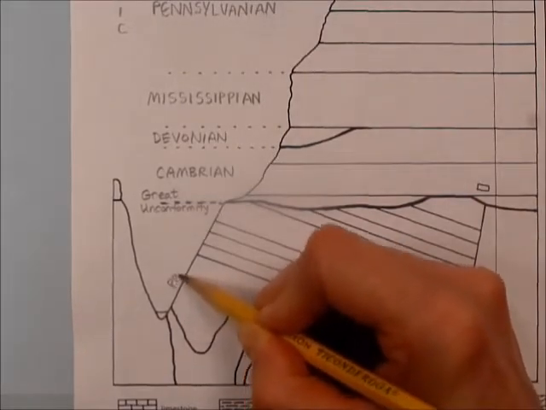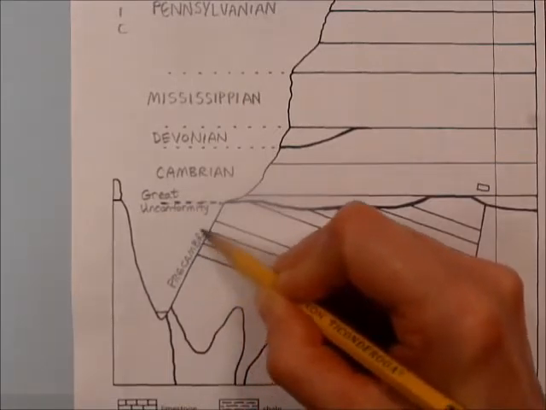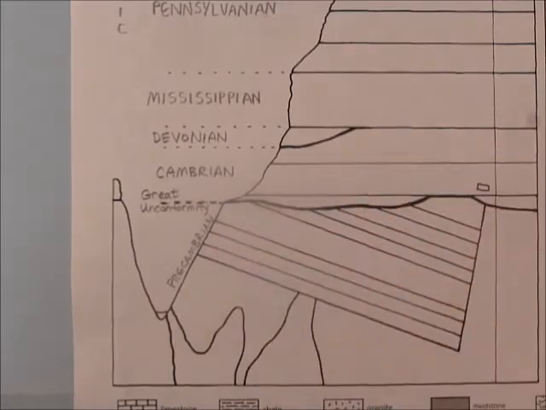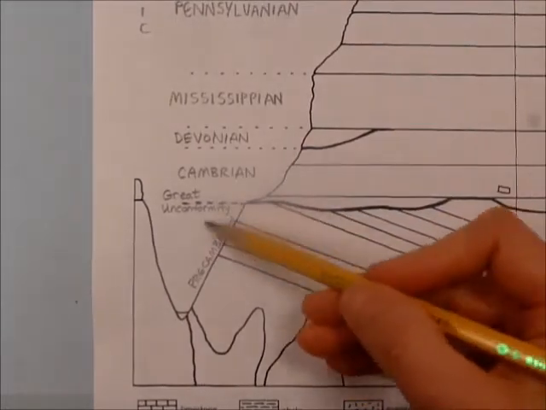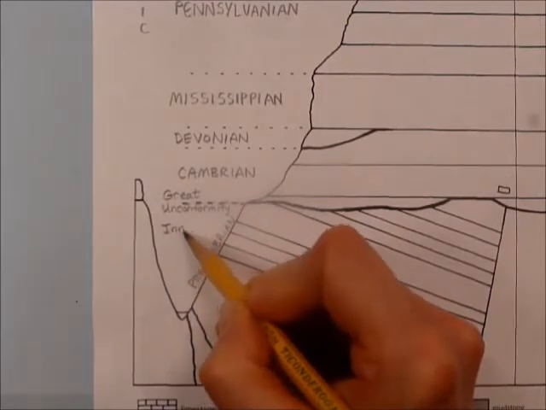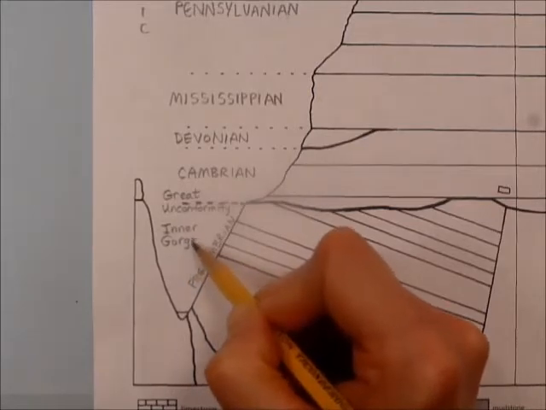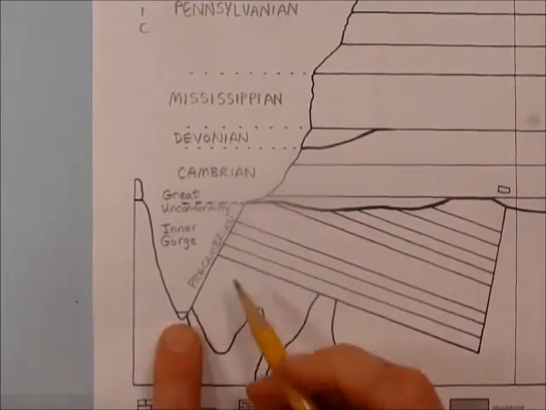So right along the edge here, Precambrian. And then this label is called the Inner Gorge. A really deep crack. And at the bottom sits the Colorado River.